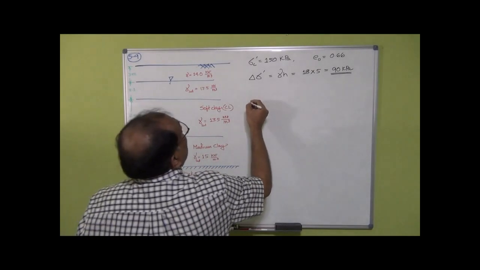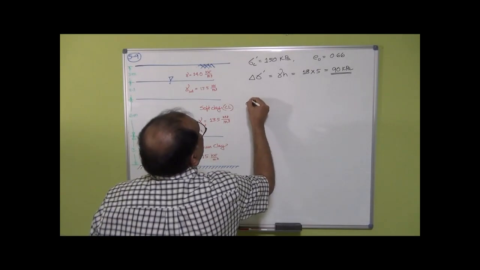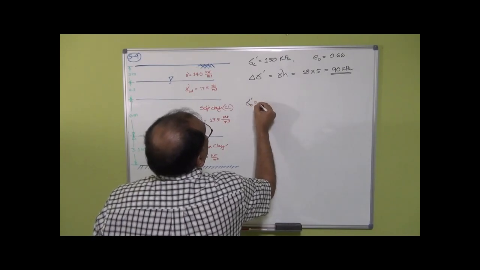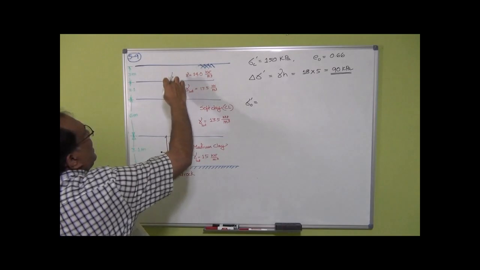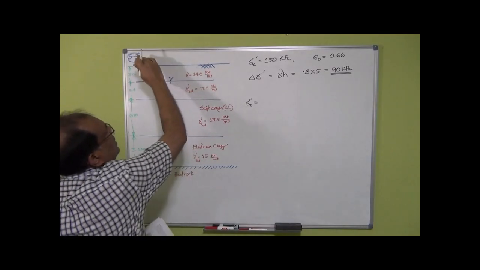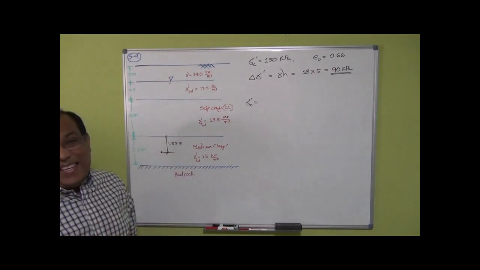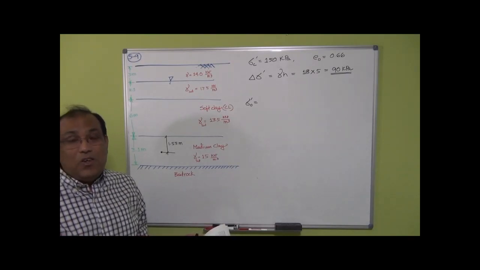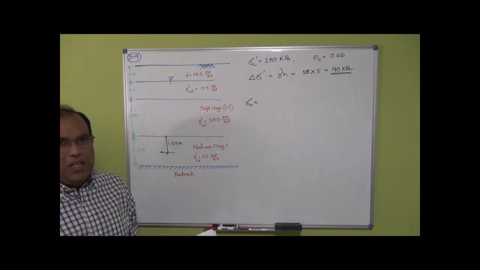So the current overburden pressure, we have to add all those things, but that new construction is not there yet, so we are not going to count that one now. We are just talking about the current overburden pressure.